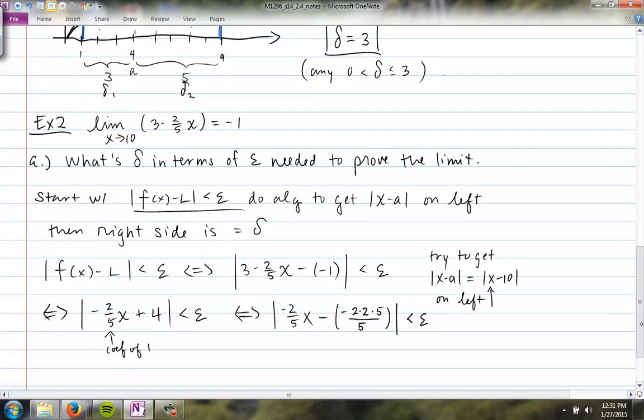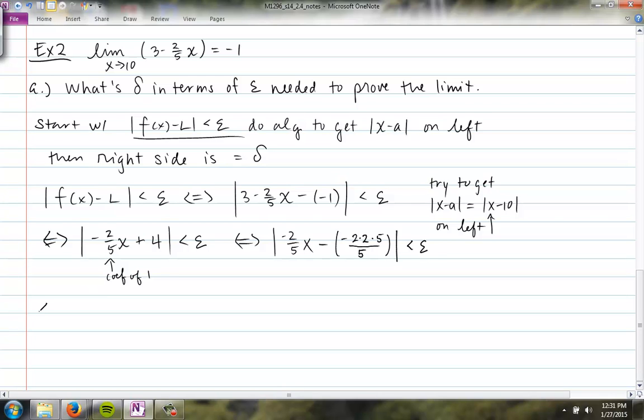So now this is prepped to pull out a negative 2/5. I'm just pulling it out, not out of the absolute value yet, because we should talk about that separately. If I factor out the negative 2/5, I get x minus 10.